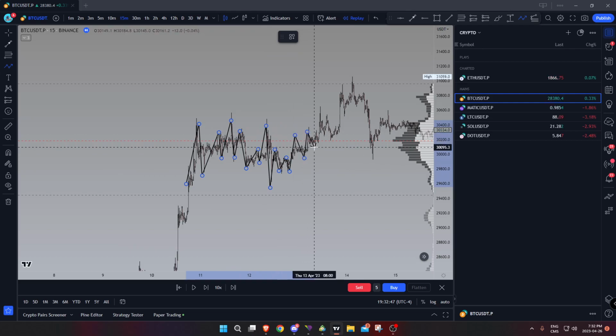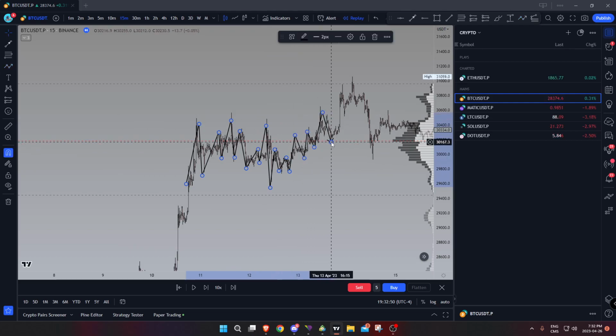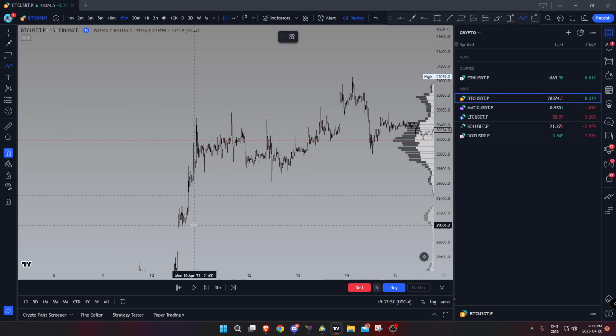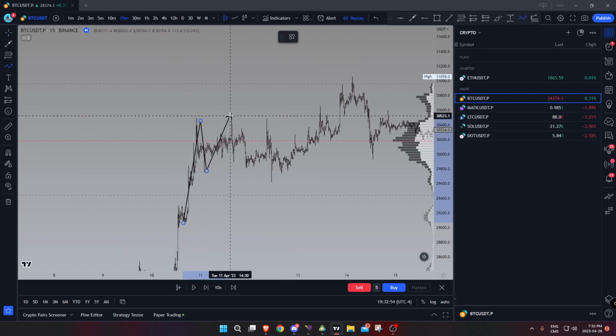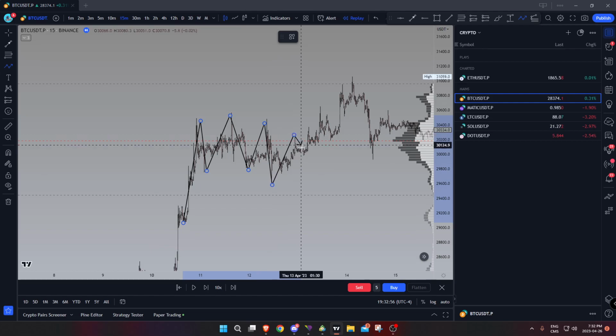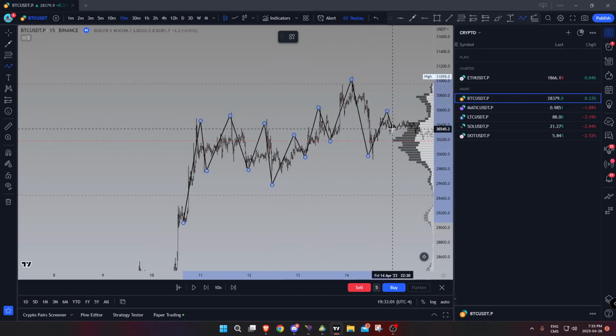I don't like the internal market at all. I prefer the swing structure, which is the bigger picture of the market, meaning maybe this here. See, we have way less smaller moves in the market.